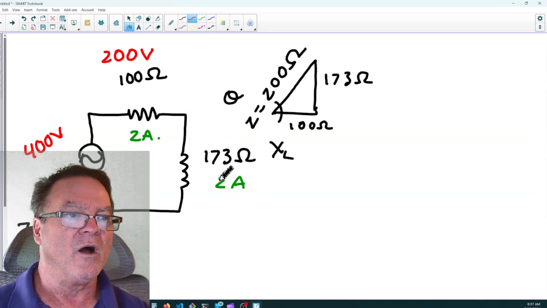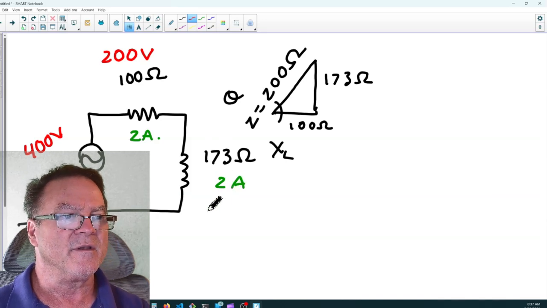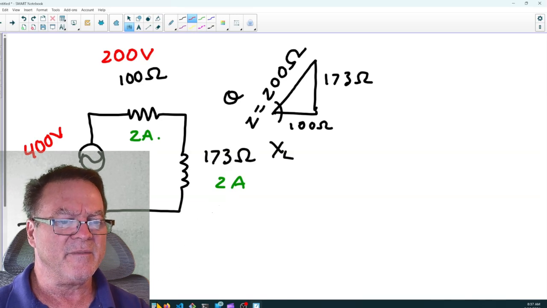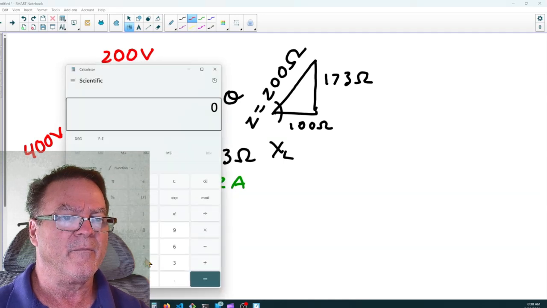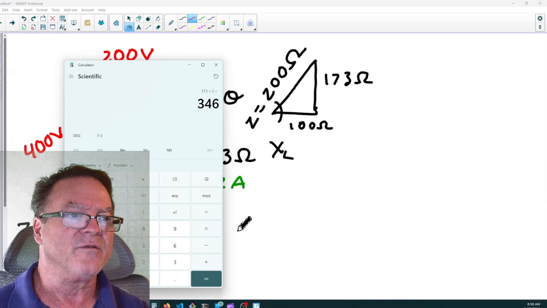So 173 times 2 amps is what? 346? Is that right? Let me get my calculator just to make sure that I'm not lying to us. All right. So 173 times 2, 346.